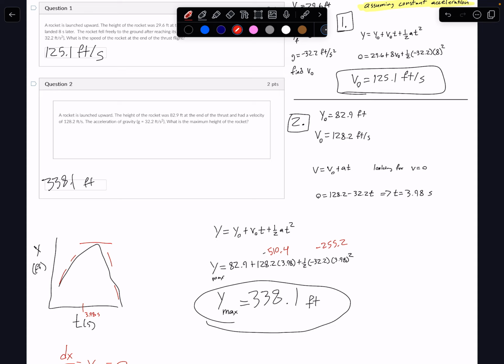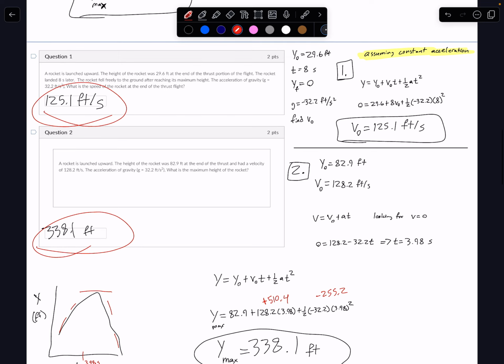Interesting enough. So positive 82.9 plus 510.4 minus 255.2. Yeah, about 338.1. And yeah, those are final answers. 338.1 feet and 125.1 feet per second.